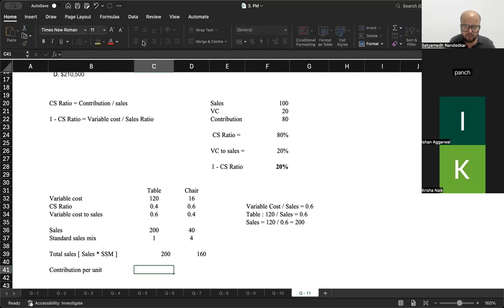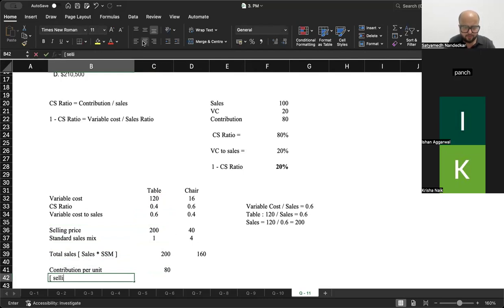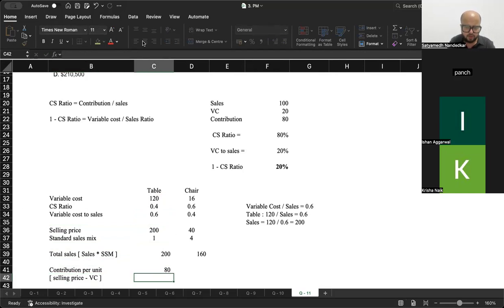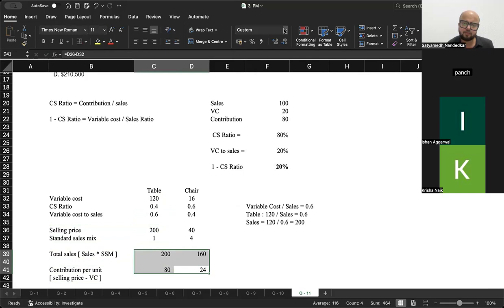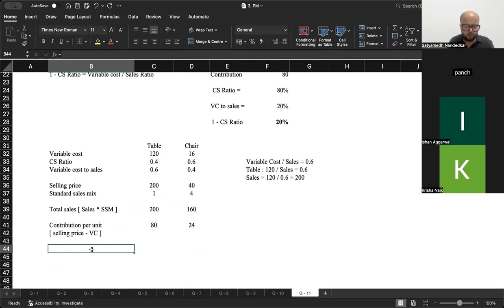Let me calculate contribution per unit. How will it be calculated? Selling price minus variable cost. This is the selling price. Contribution per unit is selling price minus variable cost. Now what is total contribution?